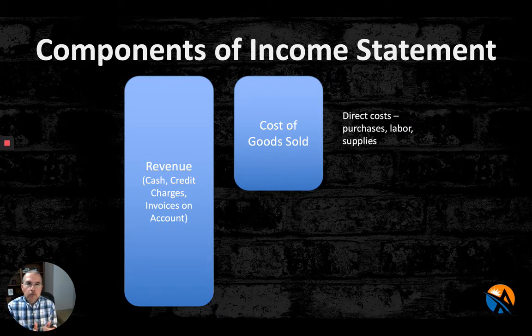And cost of goods sold are costs that you incur that directly relate to delivering your product or service that you do. So those are going to be such things like if you purchase materials that you utilize in what you sell. It's going to be the labor that gets involved in getting that product out the door, and it's going to be supplies. What it's not going to be is supplies like office supplies, like if I have to buy pens or paper.